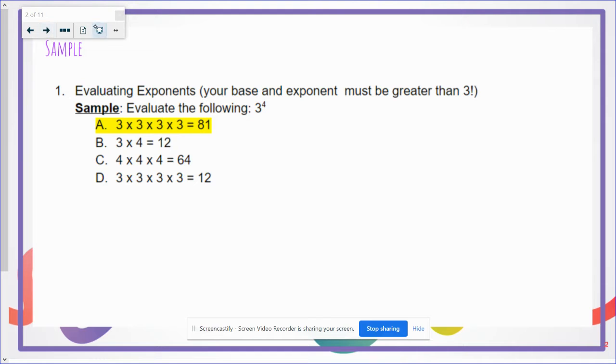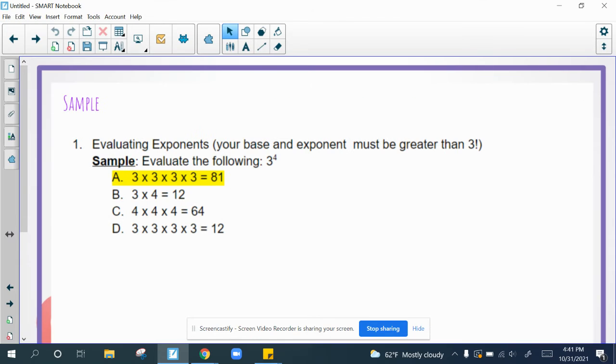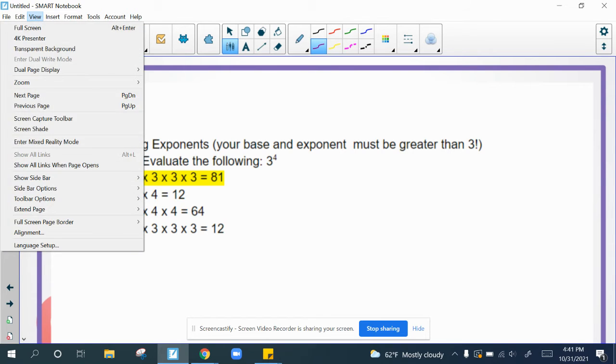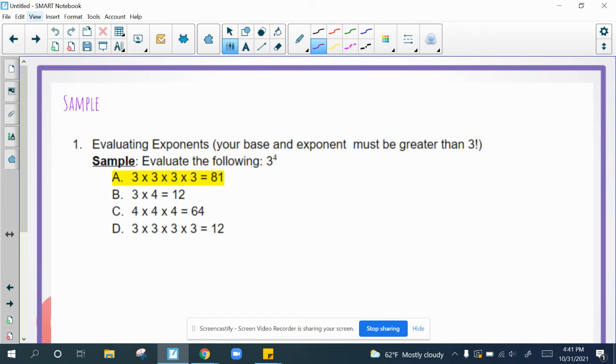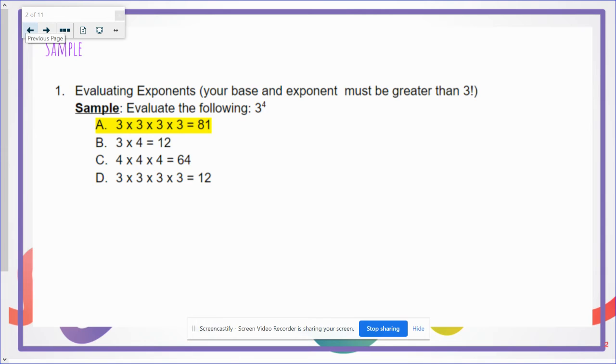All right, so we have our first sample of something that you might see on your quiz, which is evaluating with exponents. Evaluate the following, 3 to the 4th.